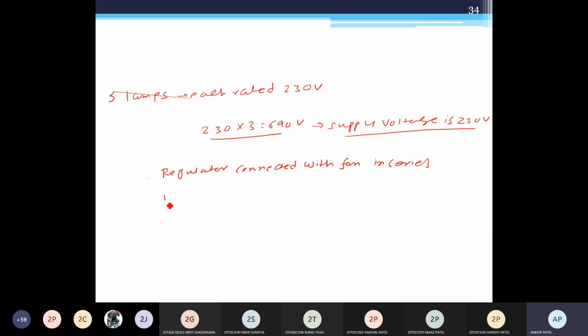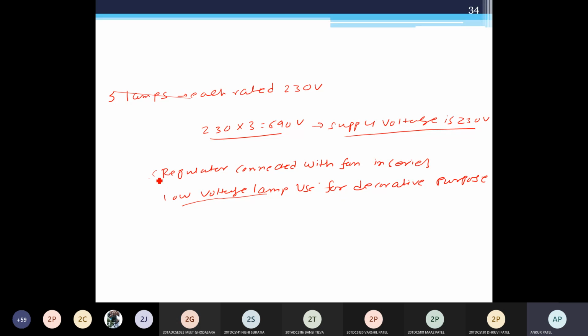And the second application is low voltage lamps, used for decorative purposes. A low voltage lamp has a lower voltage requirement, so we can connect it across the supply voltage. So low voltage lamps or series lighting used for decorative purposes are used in series connection.